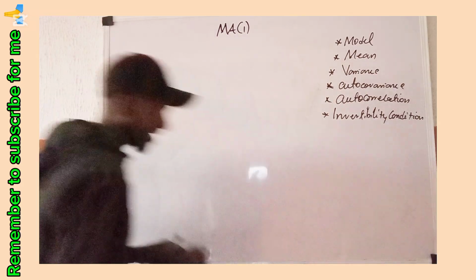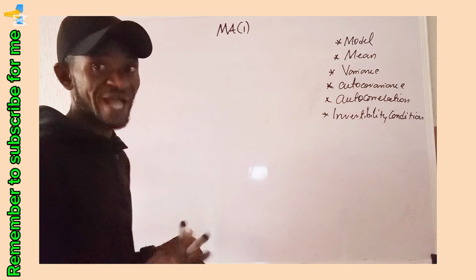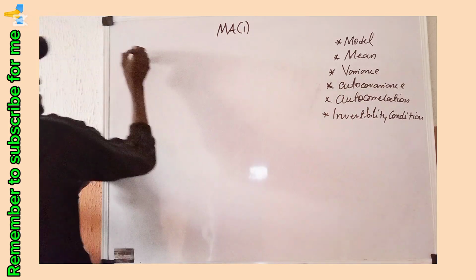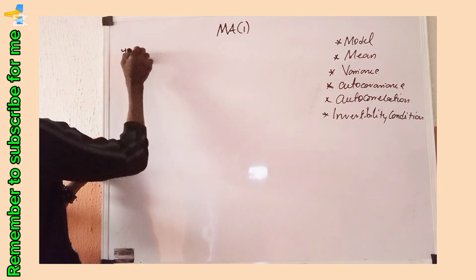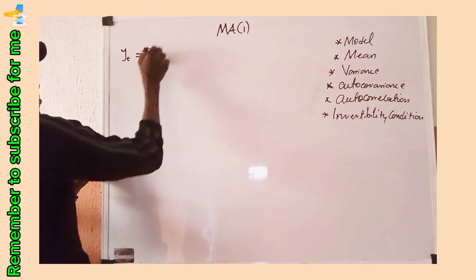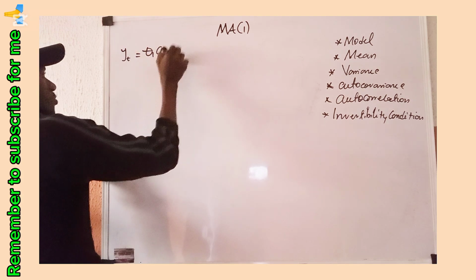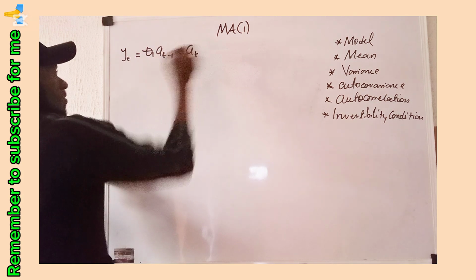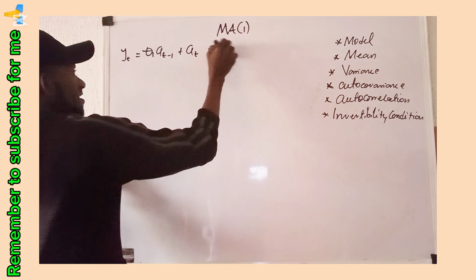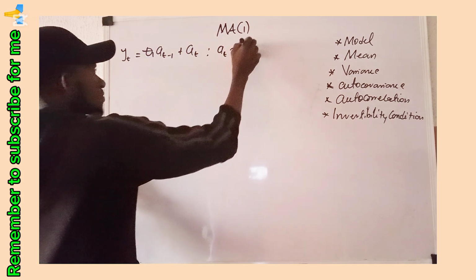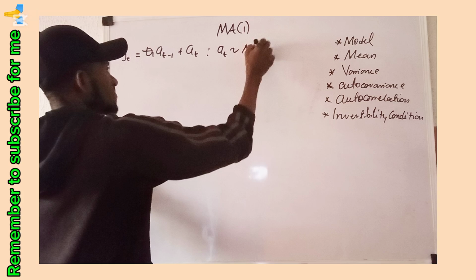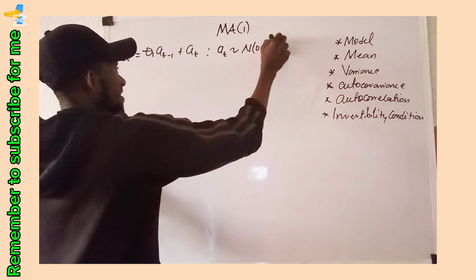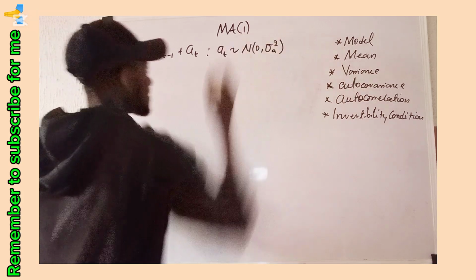Okay, for the autocovariance, of course, we are still going to make use of our second model that says that y of t is given as theta 1 a of t minus 1 plus a of t, given that a of t follows normal distribution with mean 0 and constant variance sigma squared of a.